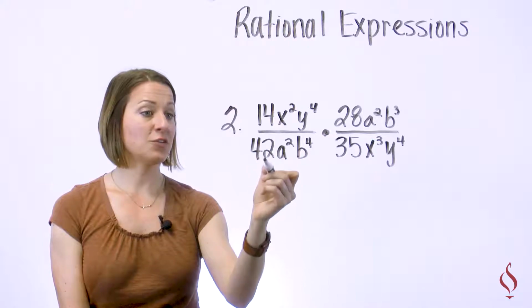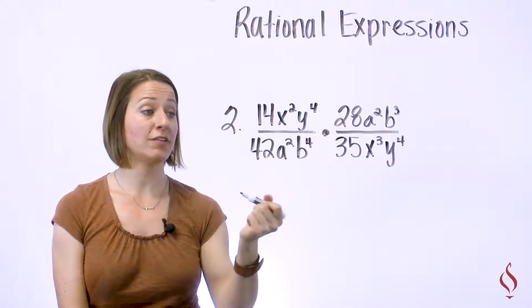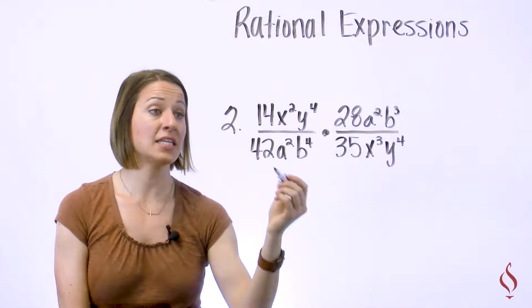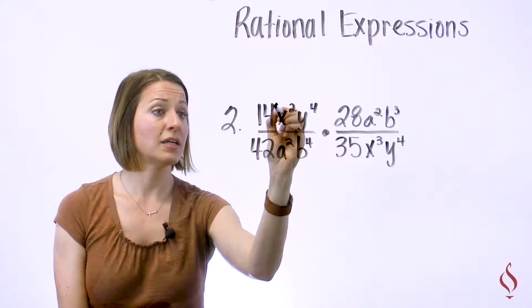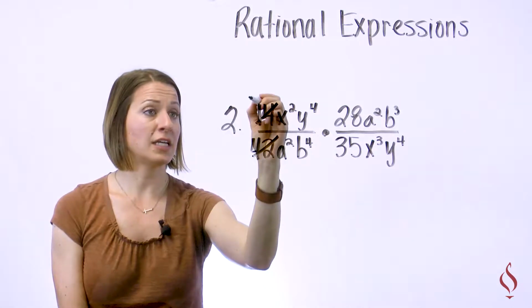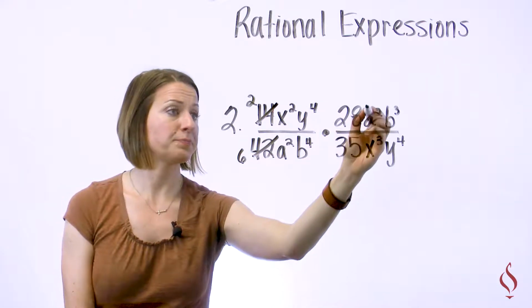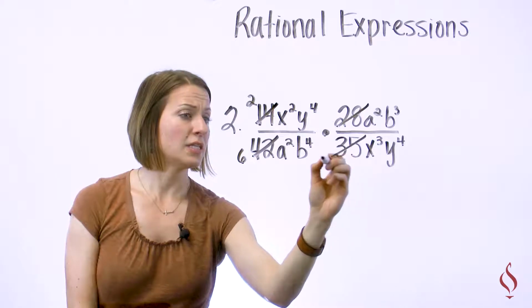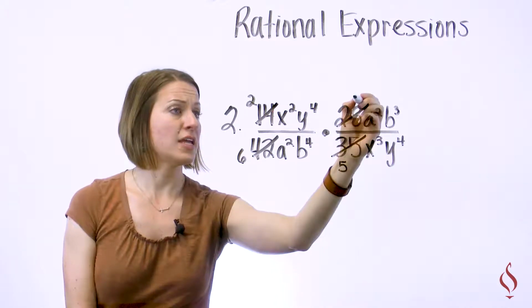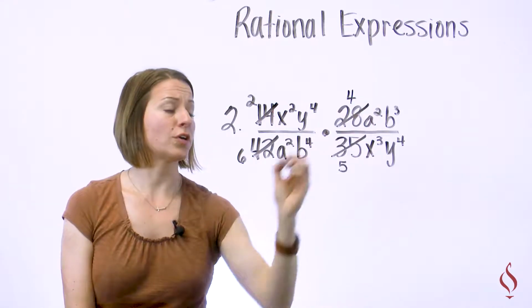Okay? 14, 42, 28, and 35 all have a 7 in them, so we can take a 7 out of everything. This leaves a 2 here, a 6 here, and this one leaves a 5, and this leaves a 4.